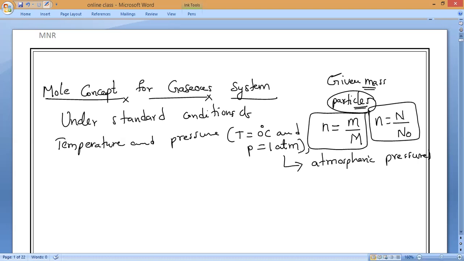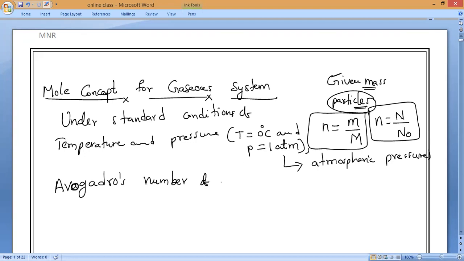Now, Avogadro number of molecules. If we take, under standard conditions of temperature and pressure, Avogadro's number of molecules, what do you mean by Avogadro's number? 6.022 into 10 power 23.